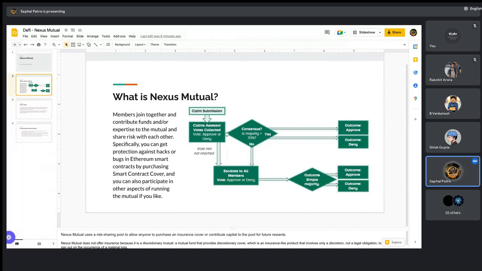So when a claim comes in, they vote on whether they should liquidate tokens and provide compensation. If there's a majority, then the outcome is approved. If there is no majority, then they escalate it to all of the members, and again a majority vote is taken as to whether the claim should be processed or not.